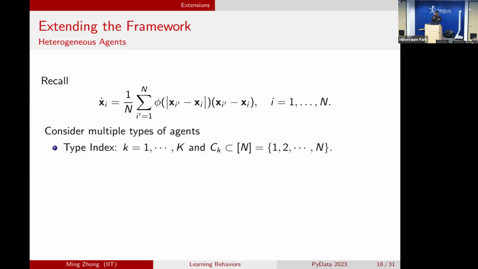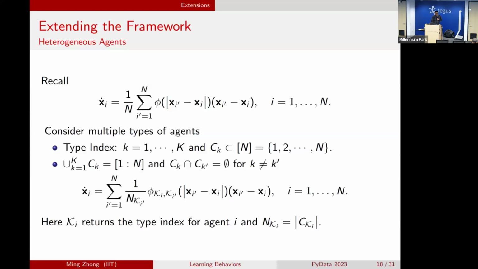So I'm going to build the type information into my systems. Now we extend the phi so it not only depends on the pairwise distance between the states, but also on the type information. That means if an agent is of a different type, this phi is going to be different.